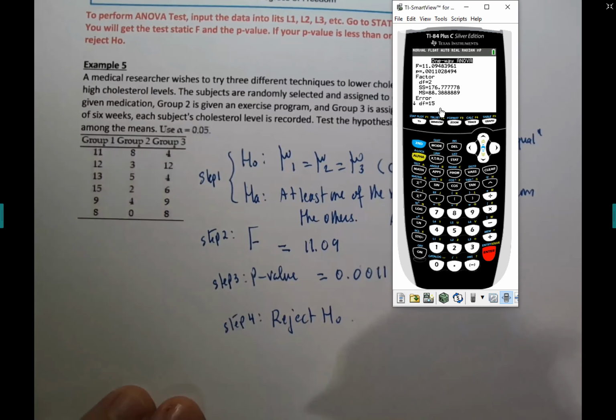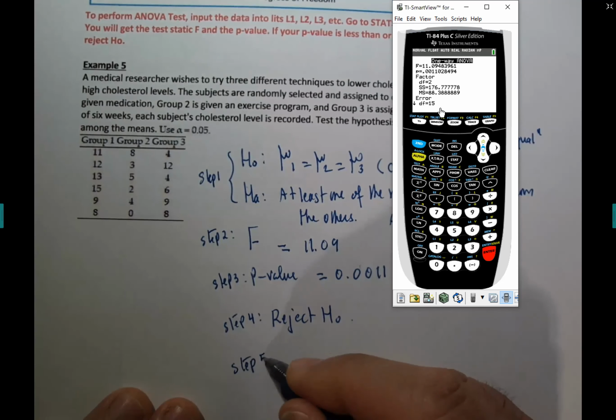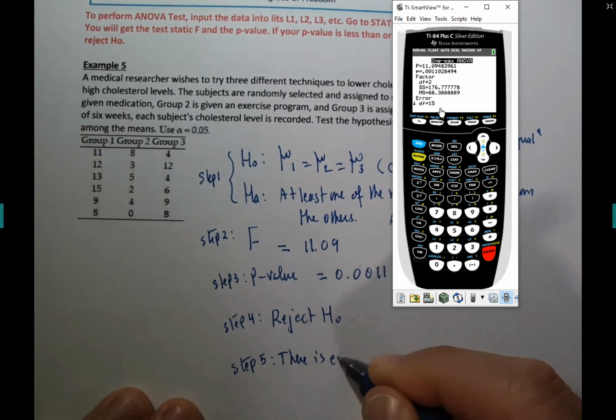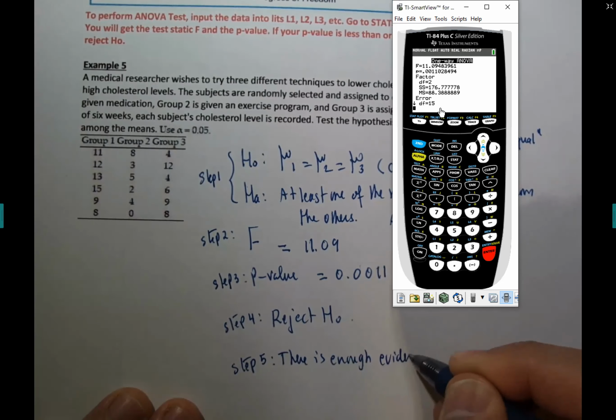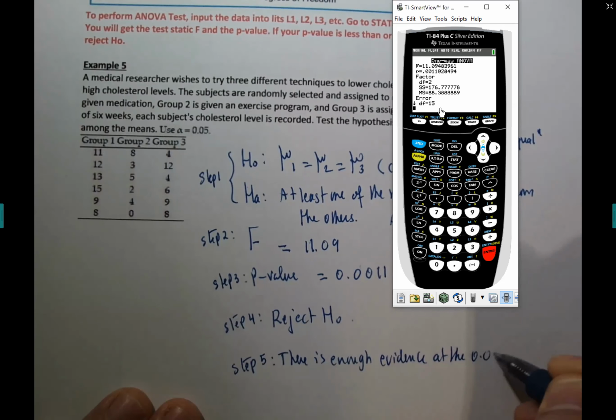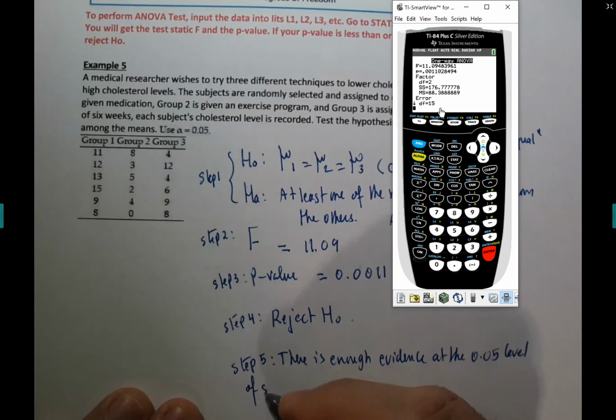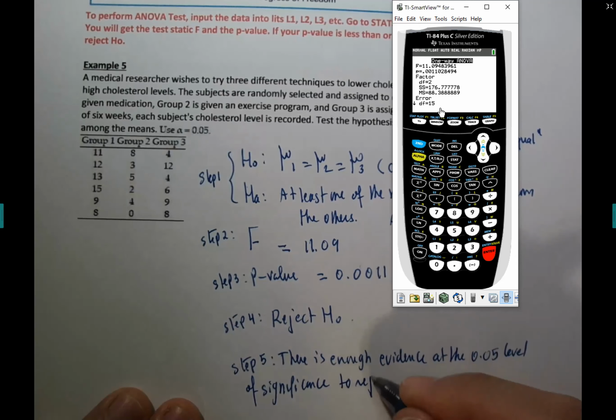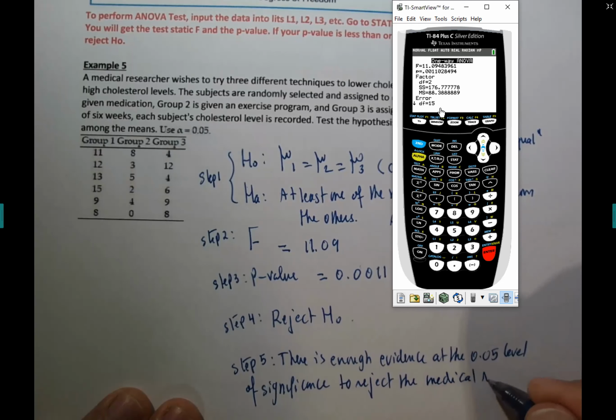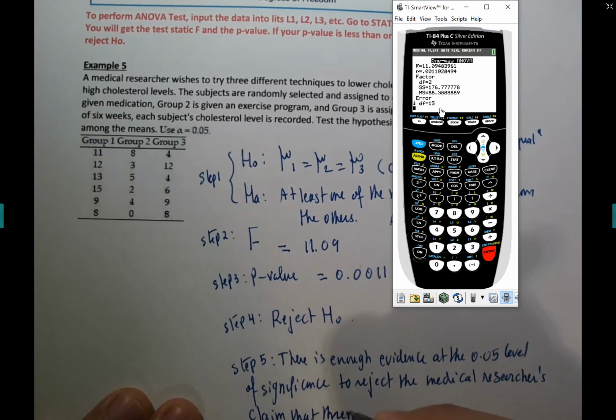There is enough evidence at the 0.05 level of significance to reject the medical researcher's claim that there is no difference among the means.